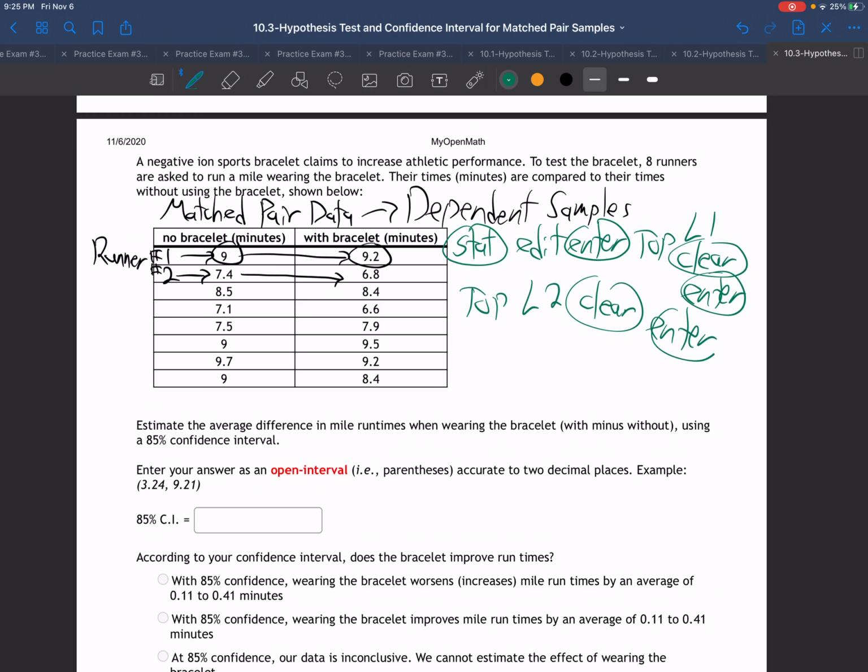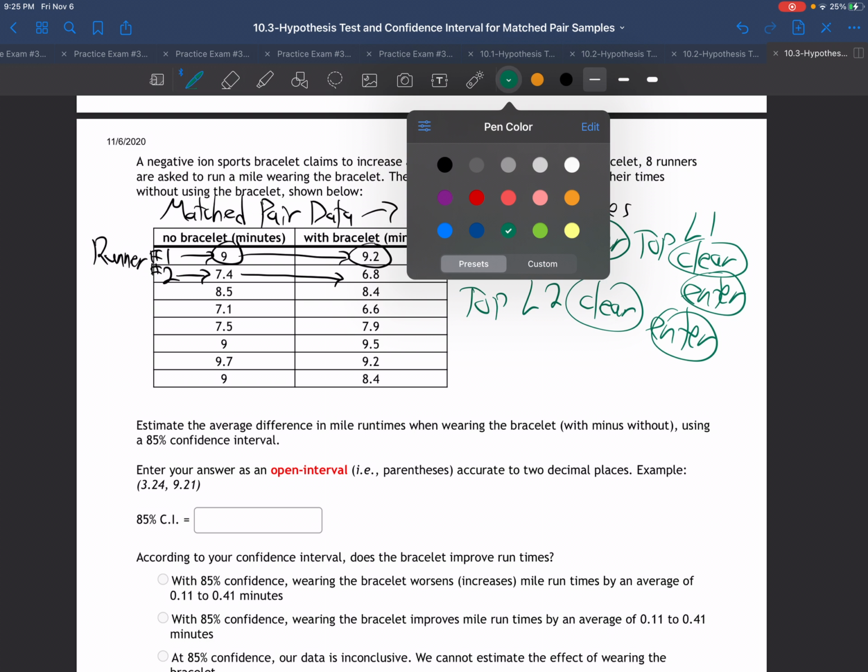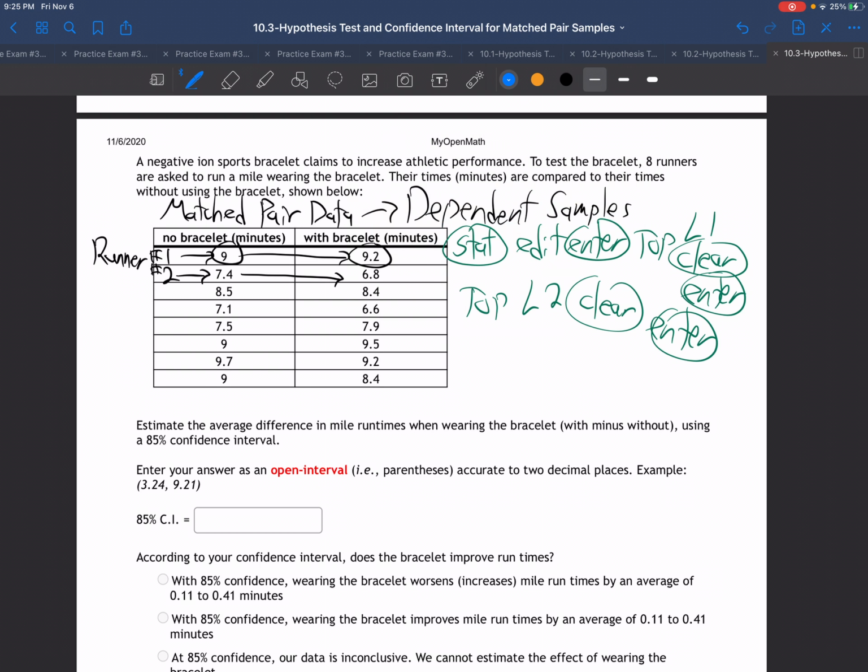So clear out L1 and L2, and then you put this data in L1 and that data in L2. L1 will be all these numbers, L2 will be all these numbers.